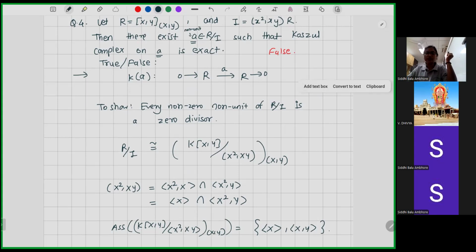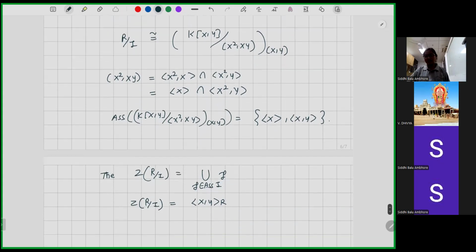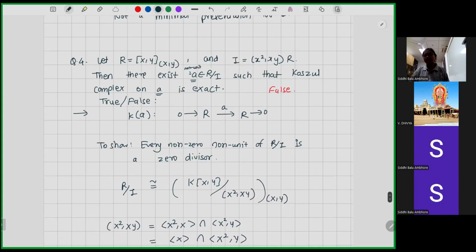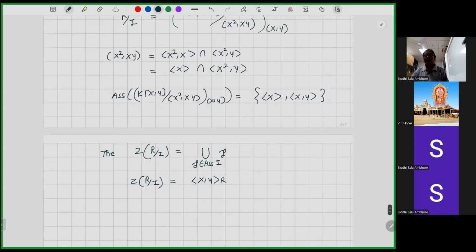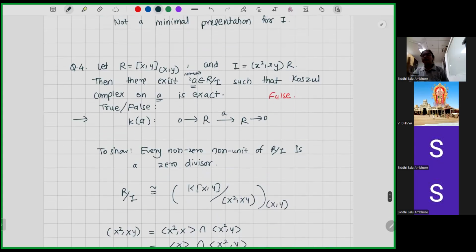We are talking about complexes, and I hope it is clear that every non-zero non-unit in this ring is in this ideal generated by x, y, and that's why no element exists for which this Koszul complex will be exact.